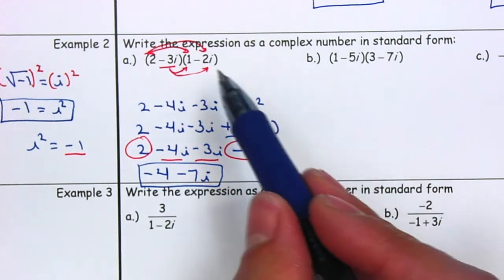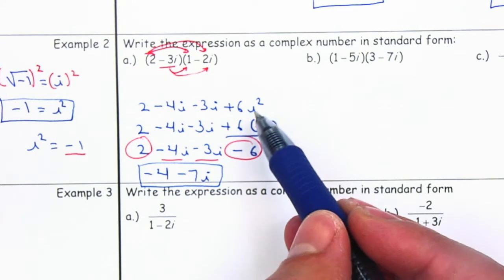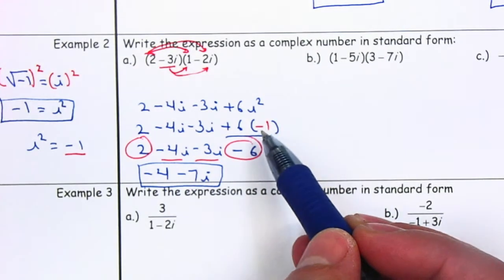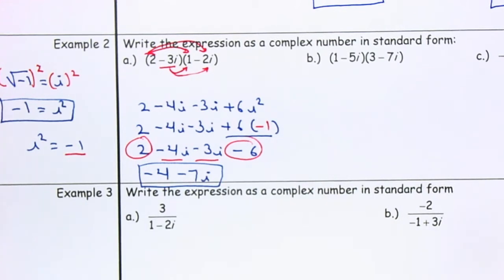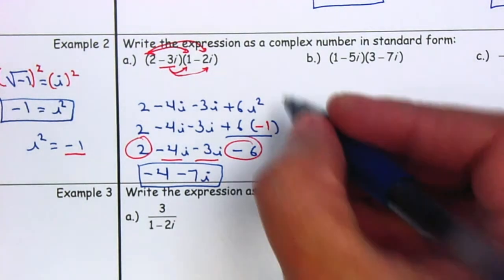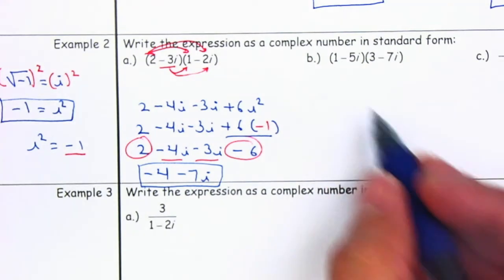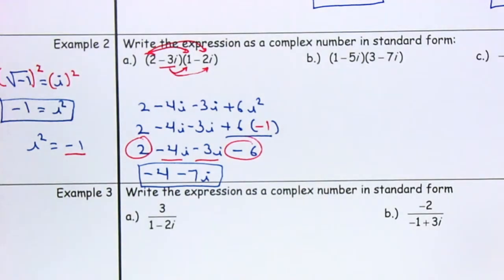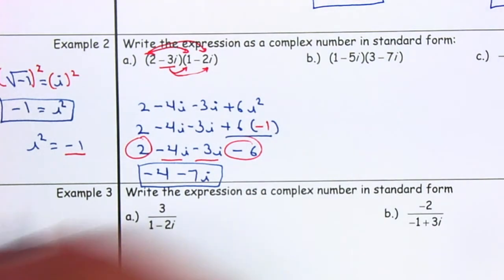So basically we just FOIL, distribute the 2, distribute the negative 3, the i squared is negative 1, we multiply together, combine our like terms, and that's basically it. Now this is a long process, so I'm going to make it a little shorter as I go through the rest of the examples, so it doesn't come with so many steps.